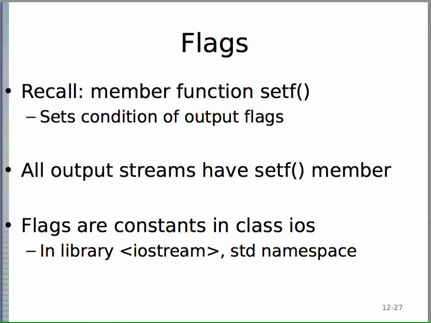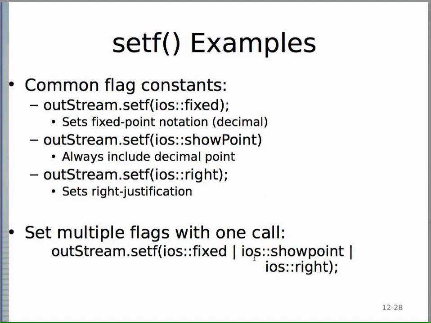Flags are constants in the ios class, and you can get to them just by #include <iostream> and using the standard namespace. So here are some more examples. You can use ios::fixed, ios::showpoint, ios::right, and you can OR these together.